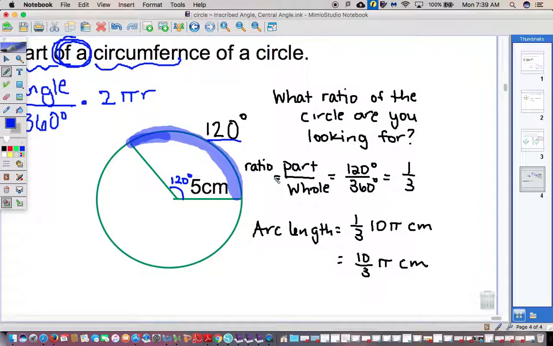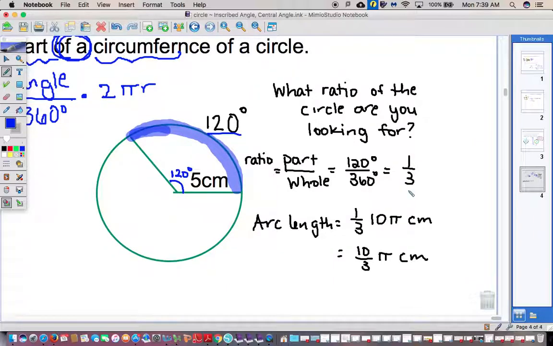Okay, so your first step is going to be, what ratio of the circle are you looking for? Well, we know that this arc here is 120 degrees. And so you're going to put the 120 degrees over the whole, which is 360, and divide. So this is going to be 120 divided by 360, which is 1/3 of the circumference of the circle.